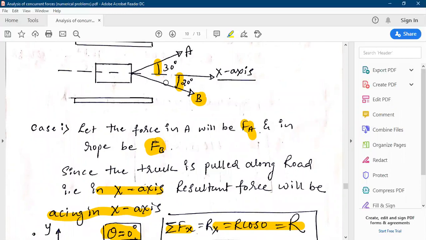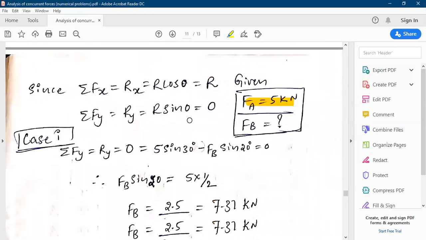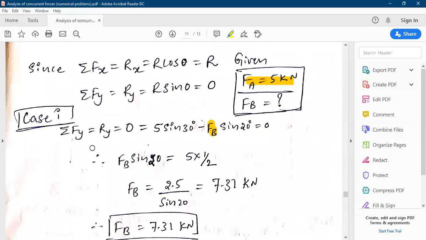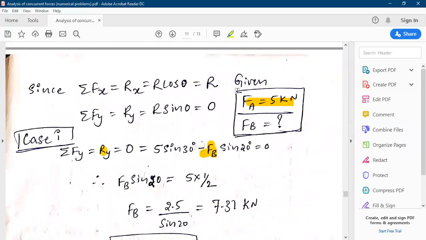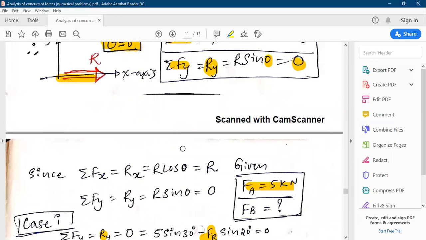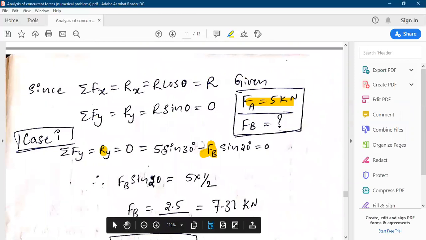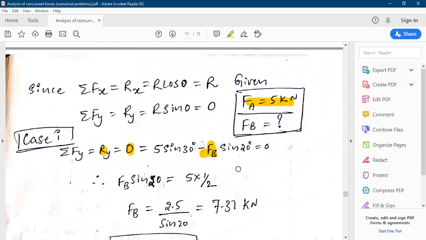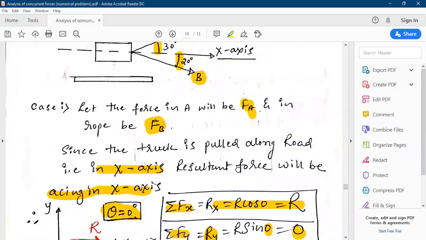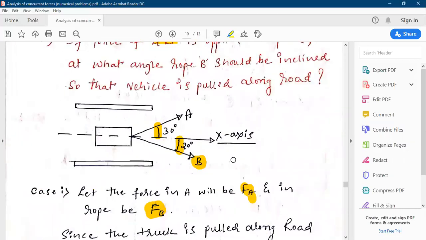Actually, we need only one equation to solve one unknown. If you apply sigma Fy equal to Ry, where Ry is equal to 0 in the above equation, considering all the y components of all the forces, how many forces can we expect here? There are two forces, in rope A and in rope B.